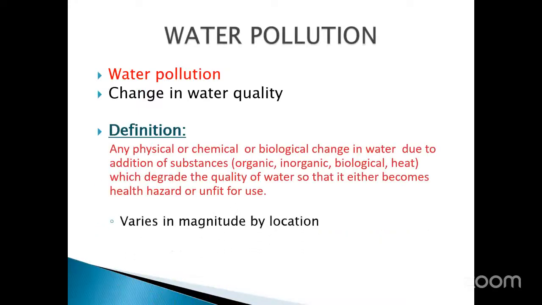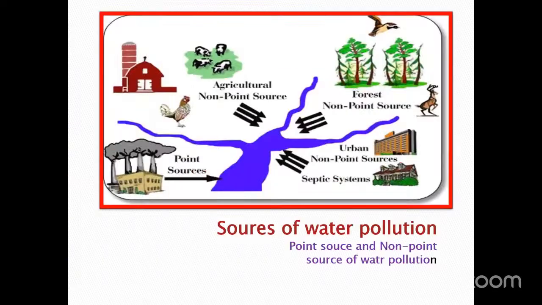Water pollution is any undesirable change in the quality of water. It degrades the quality of water due to the addition of pollutants. It may be organic or inorganic substances or biological agents. It may be organic waste which can be easily degraded by microorganisms, or the addition of chemicals or microorganisms which degrade the quality of water.